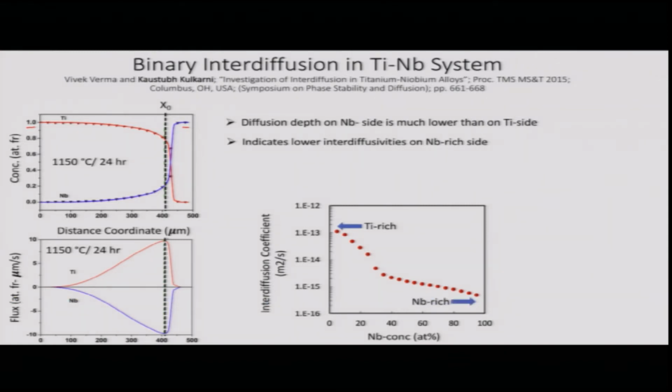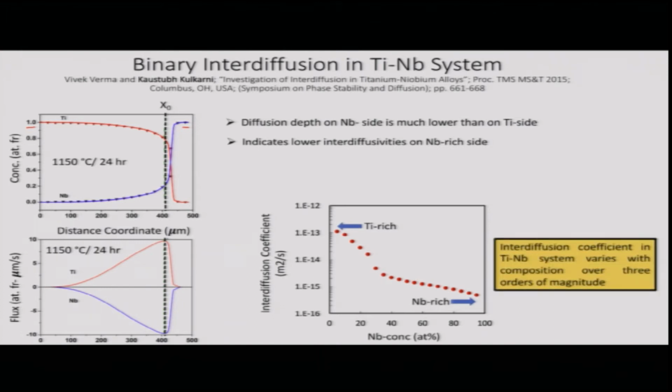As we go from titanium rich side to niobium rich side, there is about 3 orders of magnitude difference in the interdiffusivities. Close to titanium rich side, the interdiffusivities are about 10 to power minus 13 meter square per second, whereas towards the niobium rich side they drop down to about 10 to power minus 16 meter square per second. So, there is a big variation of interdiffusivities with composition in this particular system, titanium niobium binary system.